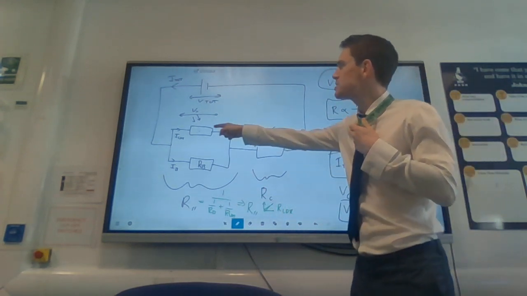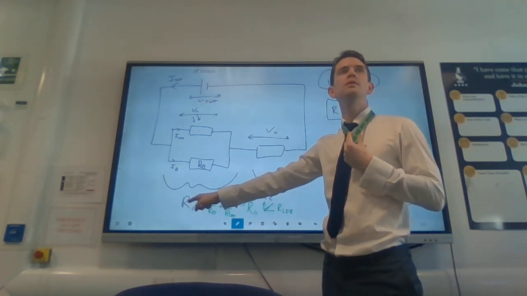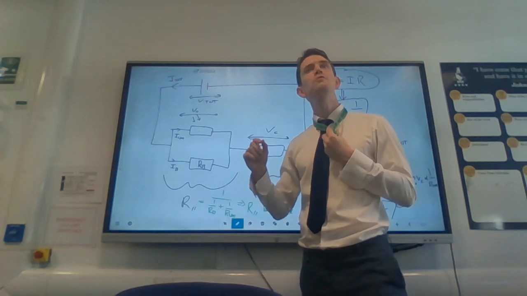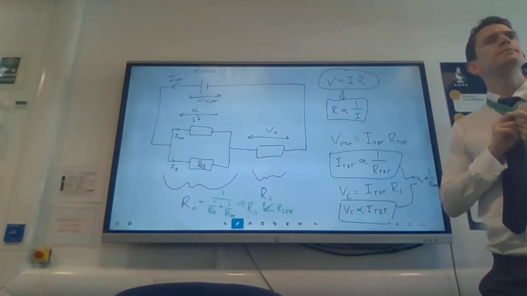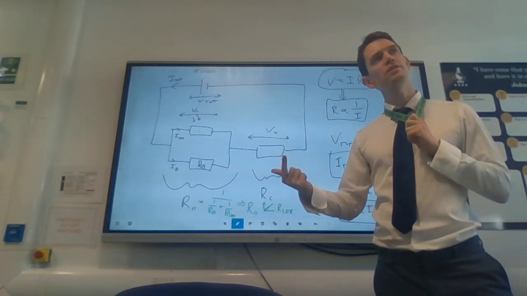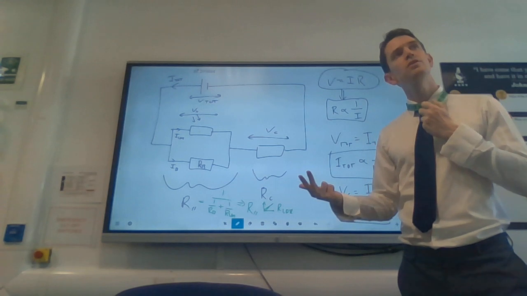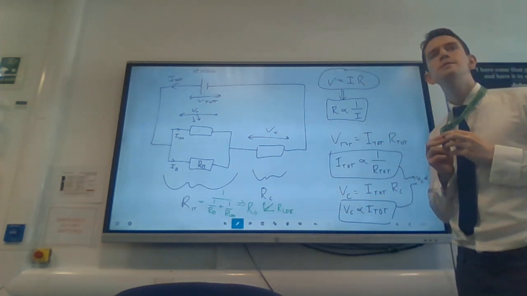So if this goes down, we know for sure our parallel goes down. Okay, what else do we know for sure if our parallel goes down? We can either tell something about a current, or a voltage, or a resistance. Which one can we say for sure we know about?